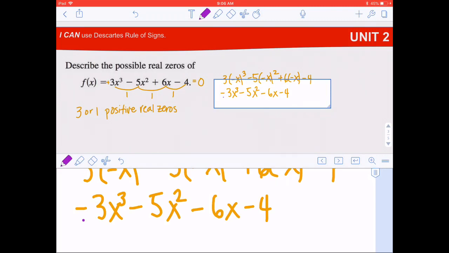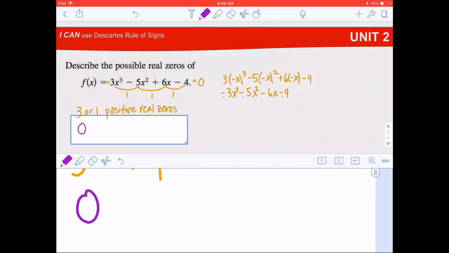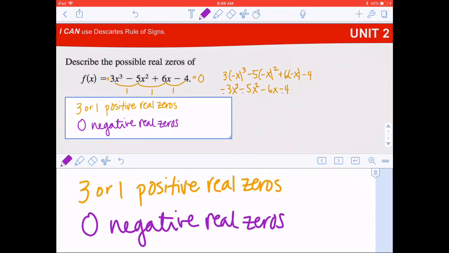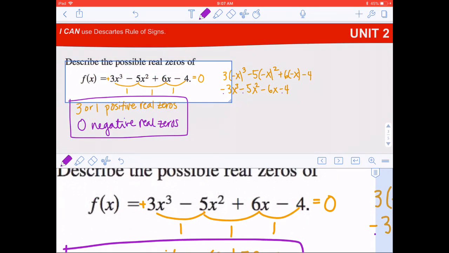We go from negative to negative to negative to negative. Therefore, we're going to have 0 negative real zeros. All of our solutions are going to end up as positive solutions. So that's Descartes' rule of signs. It helps us to narrow down how many zeros we're going to have from our polynomial.